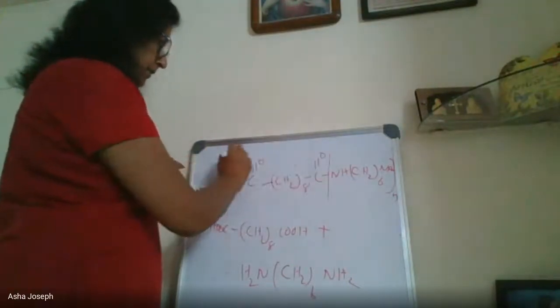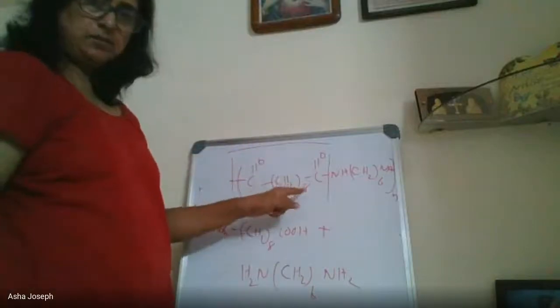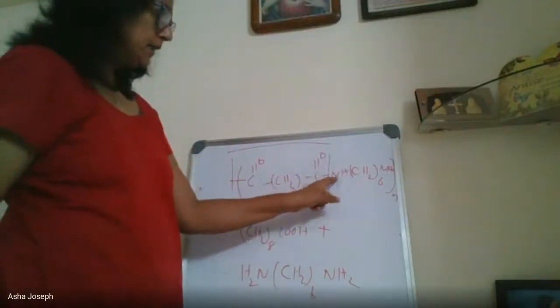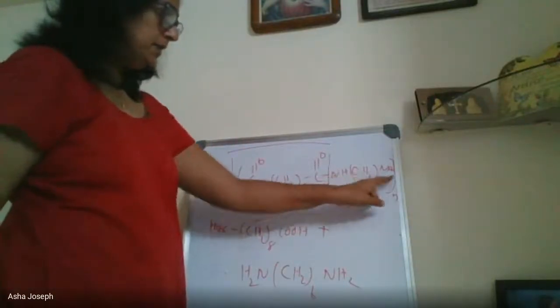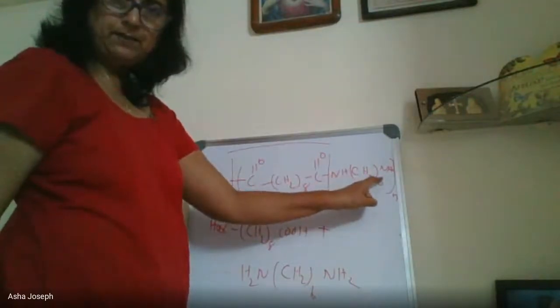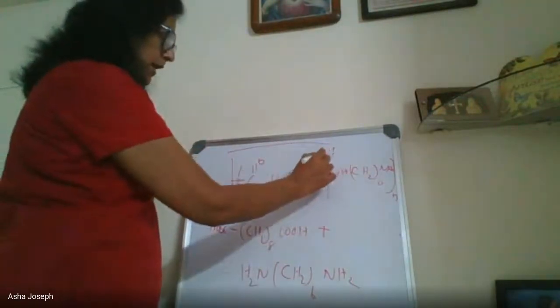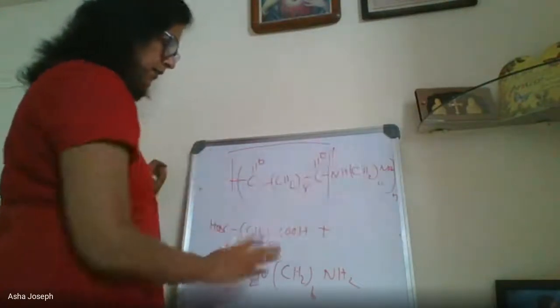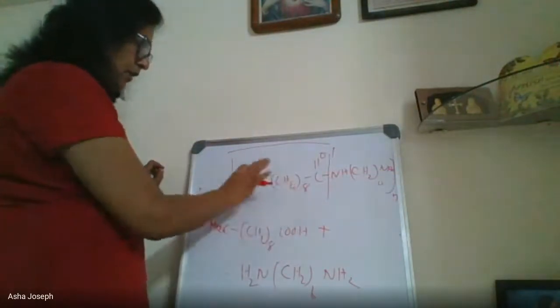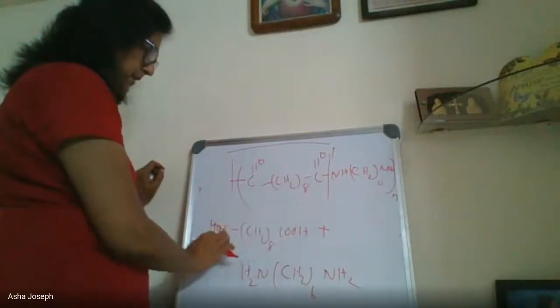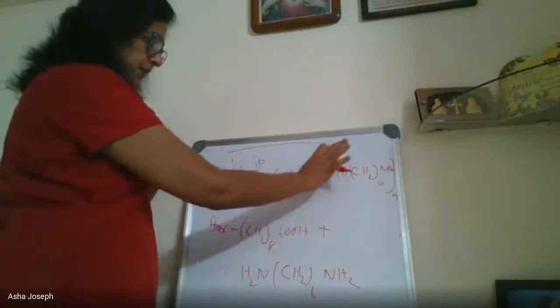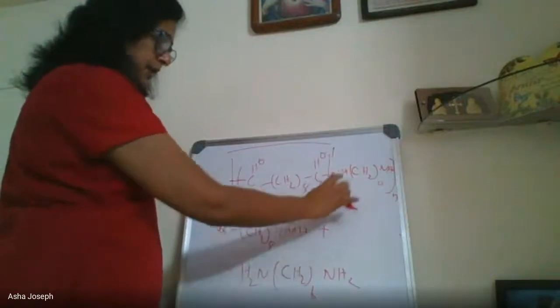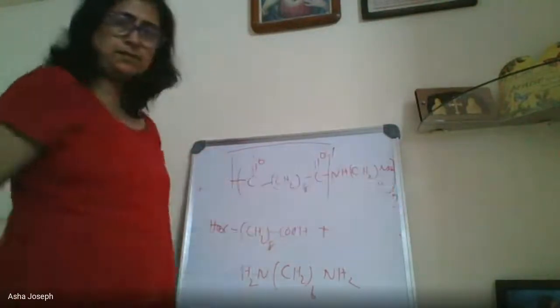And the next one, the H of NH2, that means this is a diamine. So what you do, you add OH here, and H here, H here. So you will get the monomer: HOOC, CH2 8 times, COOH, and here H2N and NH2. Clear now? Yes, ma'am. Thank you, ma'am.